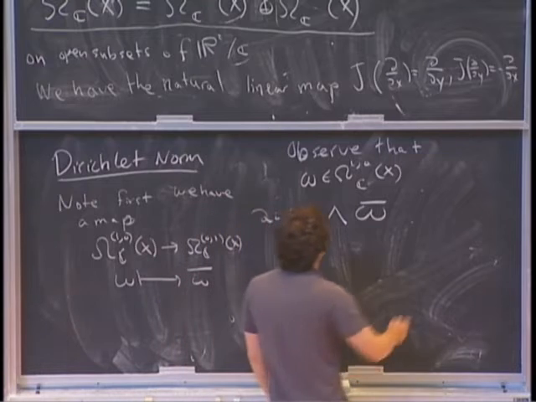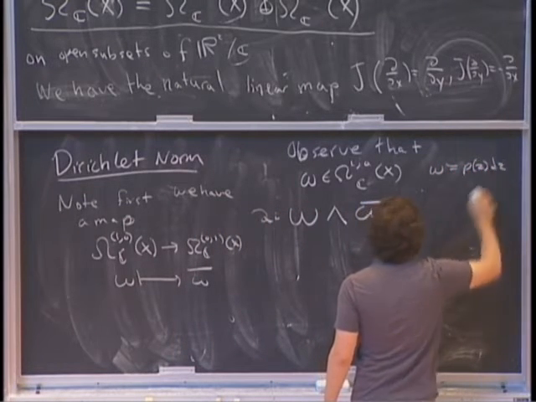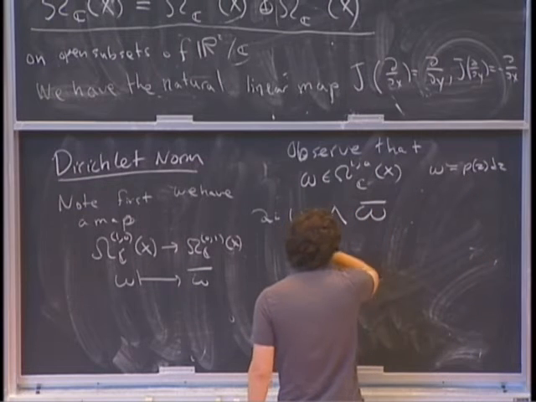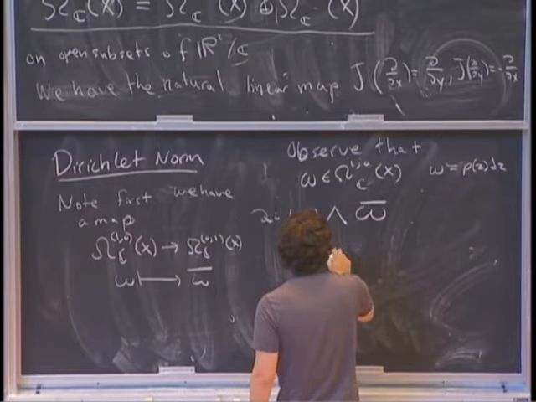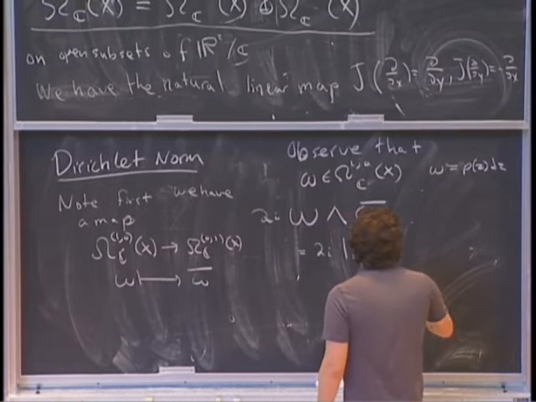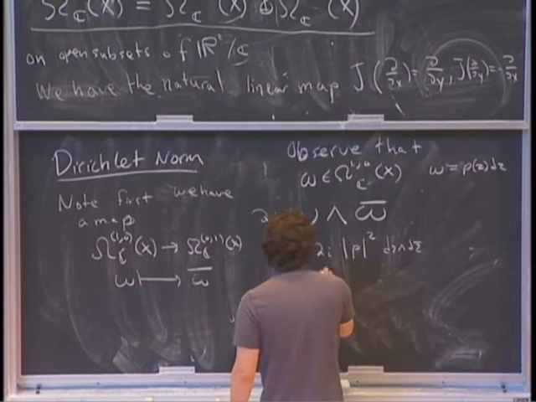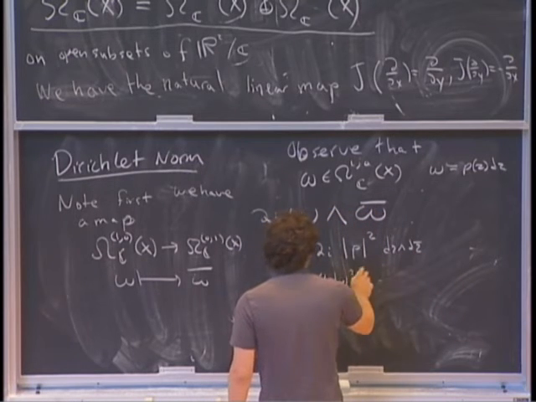Right, so if we work this out, if we write omega locally as p(z) dz, it's not hard to see that this is equal to 2i times the norm of p squared, dz wedge dz bar, which is equal to 4 times |p|^2 dx wedge dy.